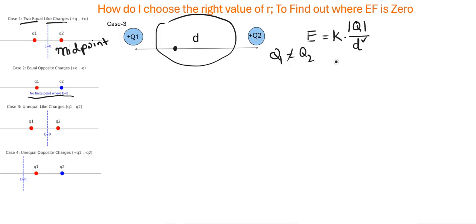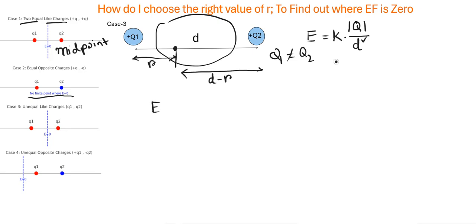Let's consider this point. We actually don't know the values of Q1 and Q2, that's why we couldn't find the exact value of R. Let's just assume here. So this is R, and obviously the distance in between is D minus R.